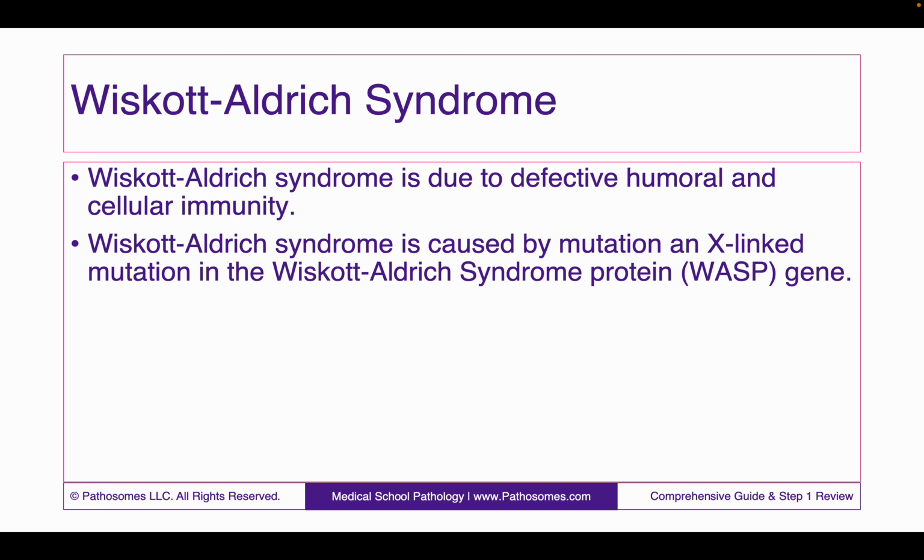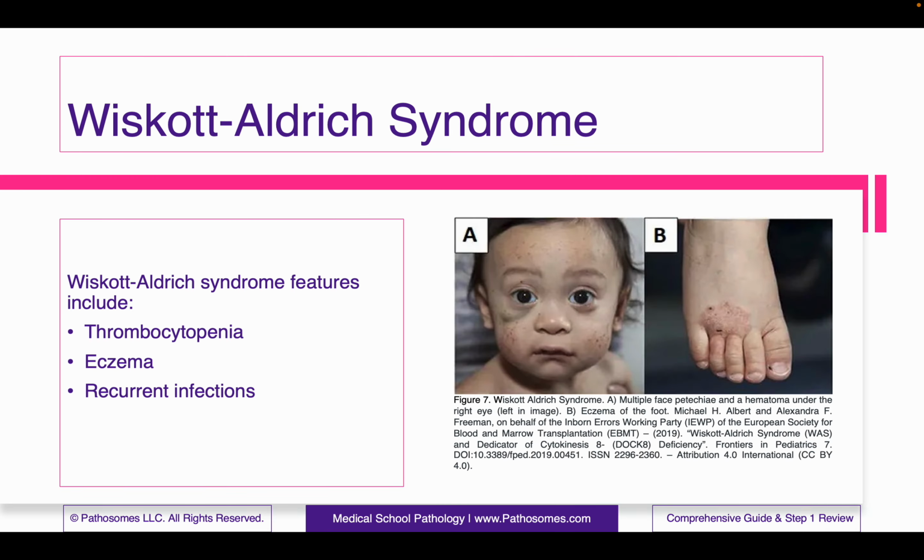It is caused by an X-linked mutation, specifically in the Wiskott-Aldrich syndrome protein gene, or the WASP gene. It presents as thrombocytopenia, eczema, and recurrent infections, likely involving a pediatric patient, as we can see here on the right.